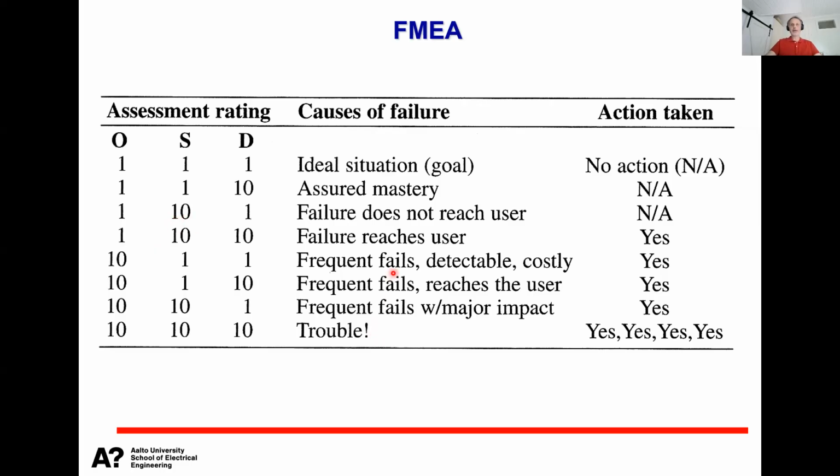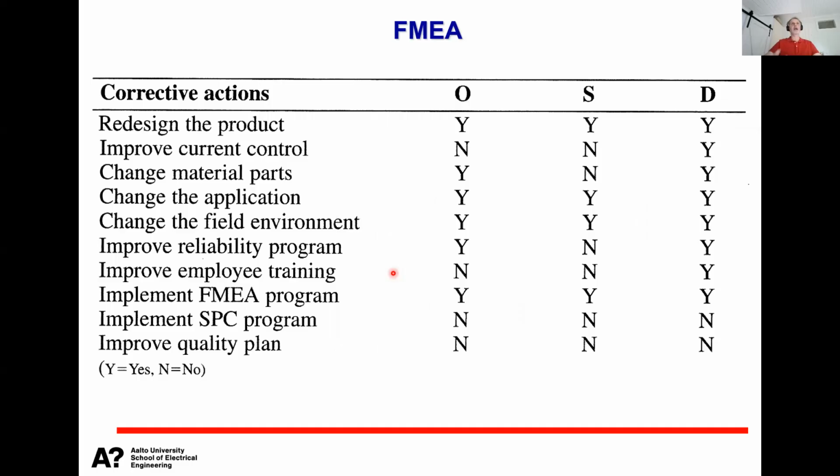Okay, and then there are a few typical corrective actions, and there is yes or no in this table, meaning that if you do a redesign of the product, then you can affect the occurrence, the severity, and the detection.